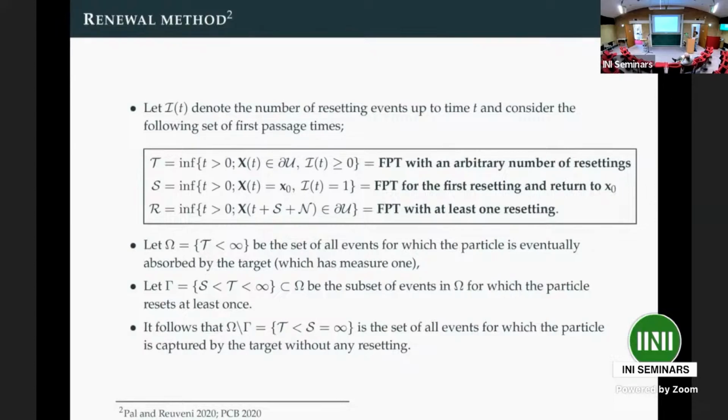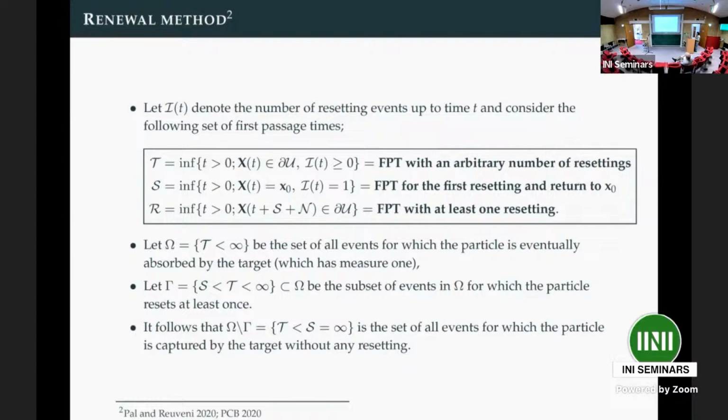And then R is the time I finally reach the target, given that I reset once and had one refractory period. So those are the times. And I can introduce some probability spaces, or event spaces, where omega is the set of all events for which I do find the target in finite time.